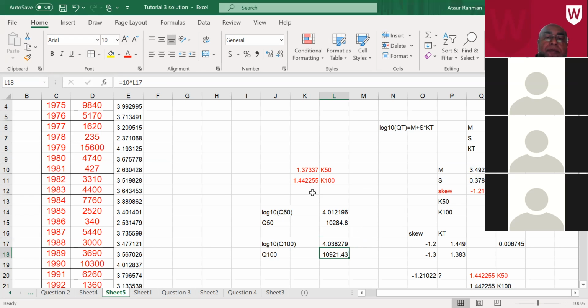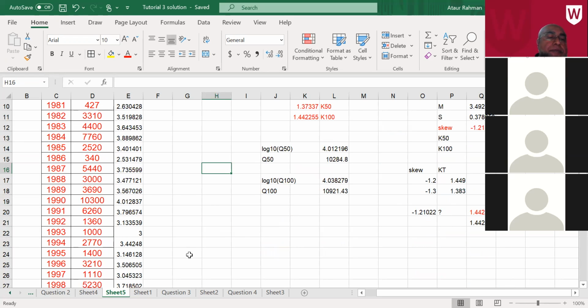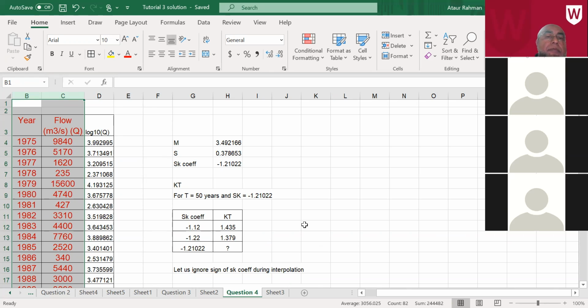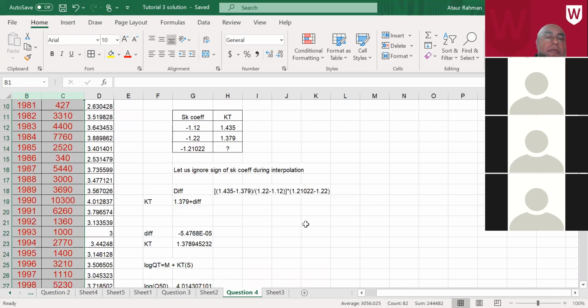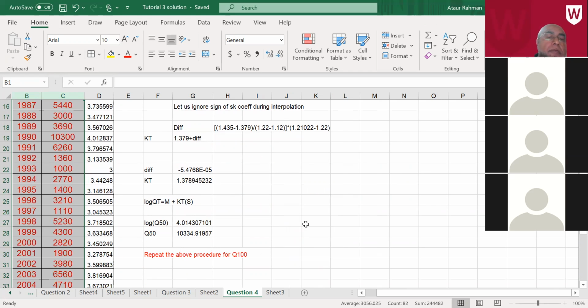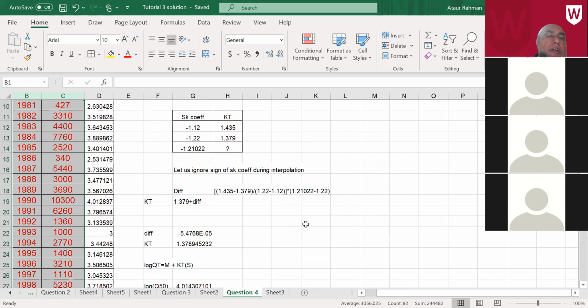Okay, so that is there. We are doing something wrong somewhere. Let me see my previous solution. So this is question 4. So Q50 is all right. So we have not done Q100 here.